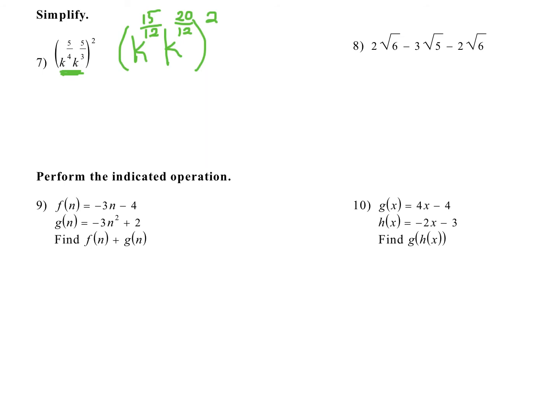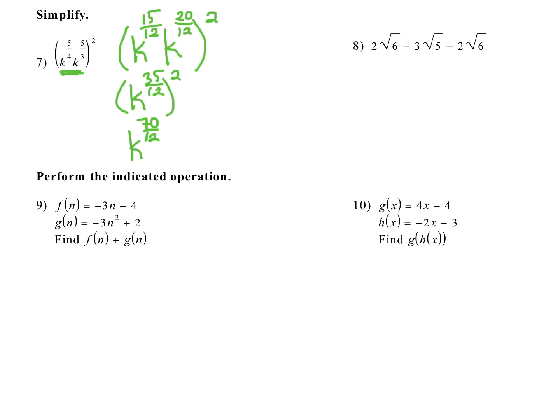squared, which would then reduce to k to the 35/12 squared. And then a power of a power means that I'm going to multiply. So 35/12 times 2 gives me k to the 70/12.